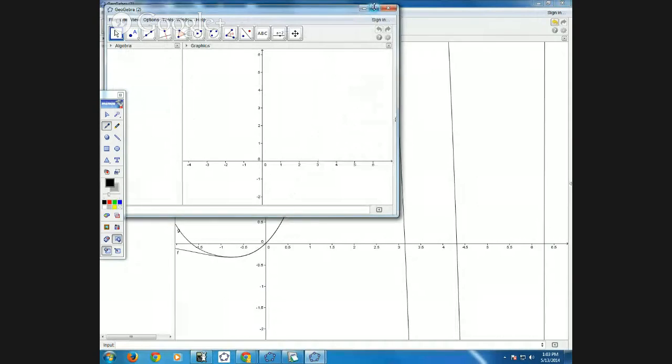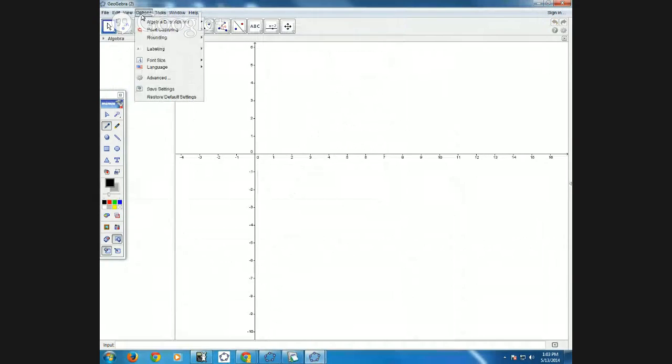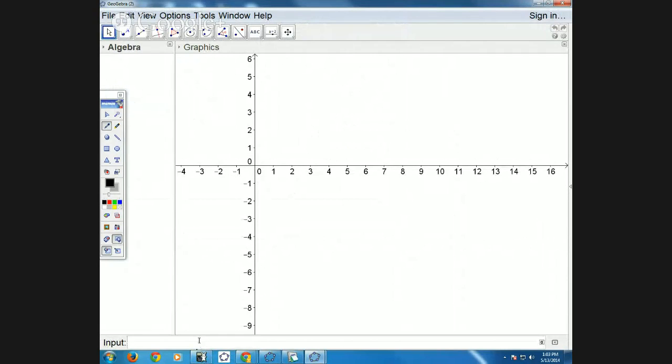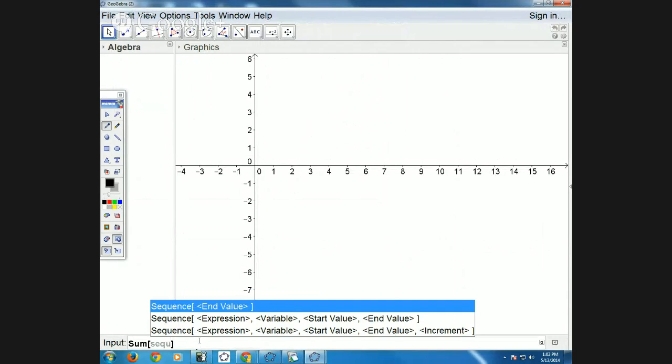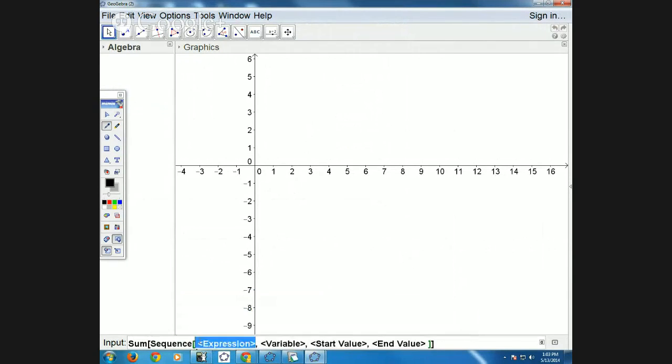Okay, so let's see. Blow this up, font size 24. Sum sequence. Expression is 4 times -1 raised to the power n divided by 2n plus 1.